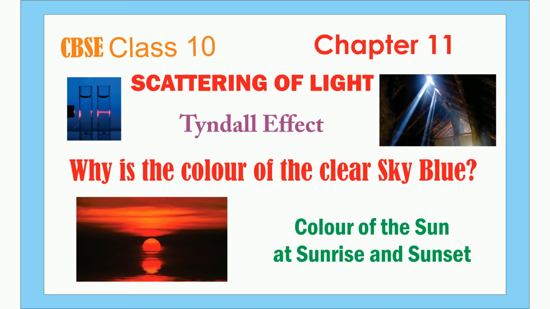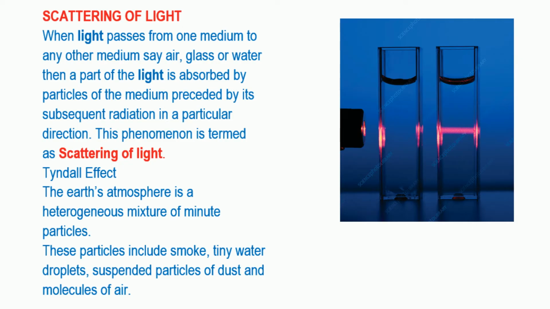And also we will see the color of the sun at sunrise and sunset. You know that it is somewhat red in color. What may be the reason for that? All these things we are going to see today. But the answer for all these three is one, that is scattering of light. So let us see what scattering of light is.